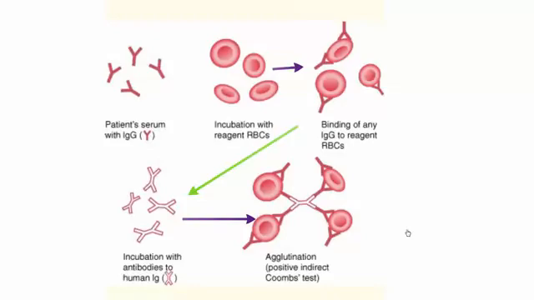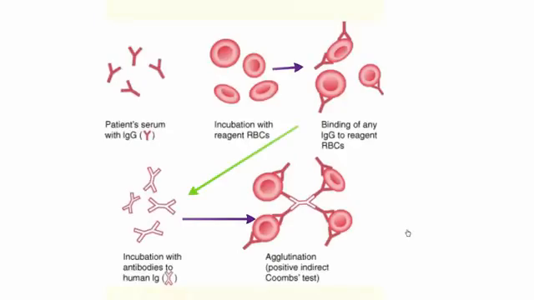If the patient serum has the antibody, it will bind to the RBC antigen, and then we will wash this solution, and then we will put in the AHG. The AHG will bind to the antibody on the red blood cell and cause the agglutination of the red cells, and then we will have a positive result.